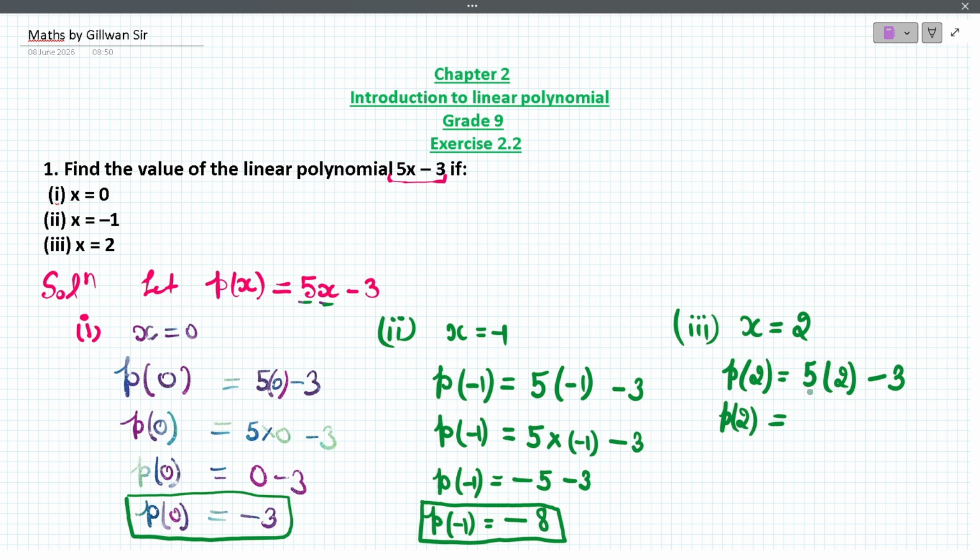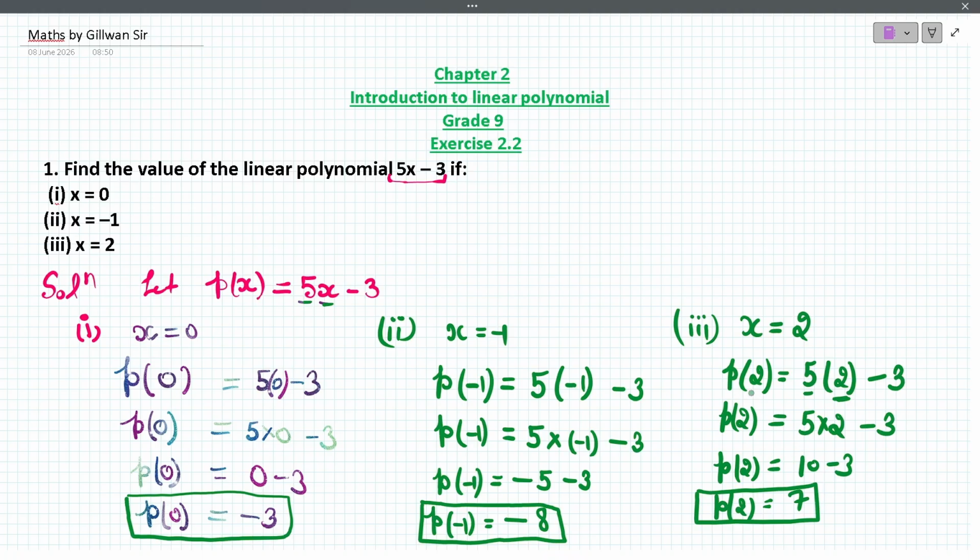So after substituting the value 2 in place of x, that means 5 multiply 2. 5 twos are 10, minus 3. P of 2 equals 10 minus 3, that is 7, and so it is our required answer.